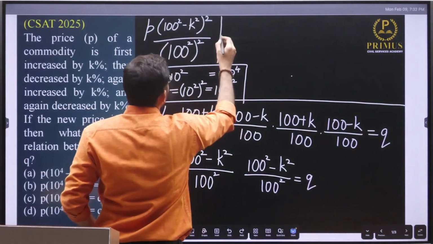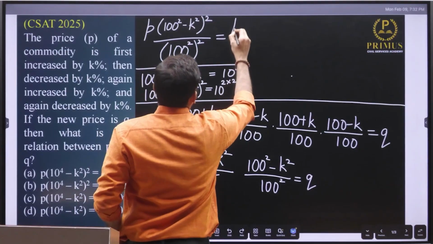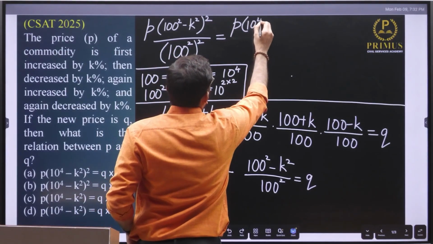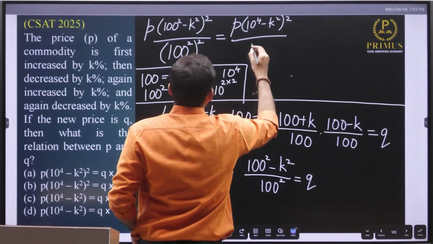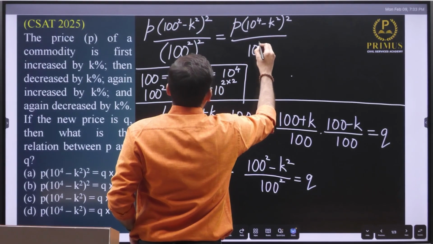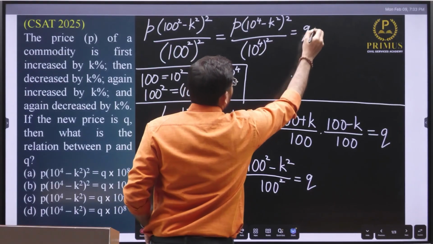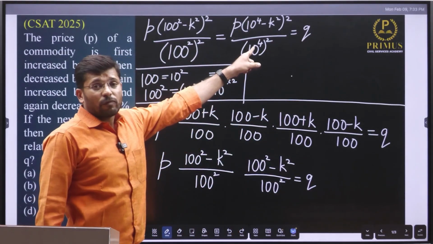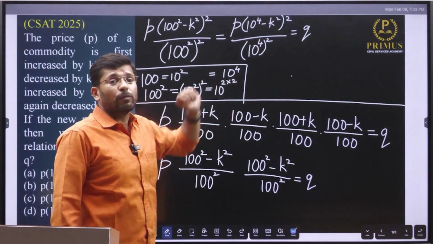So this will be equal to P into (10 power 4 minus k square) whole square divided by (10 power 4) whole square equals Q. Again, I can simplify this. So this is 10 power 4 into 2, and 10 power 4 into 2 is 10 power 8.